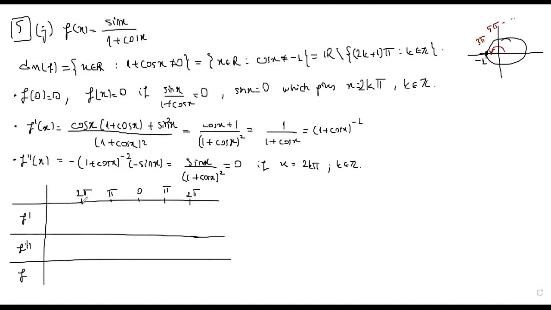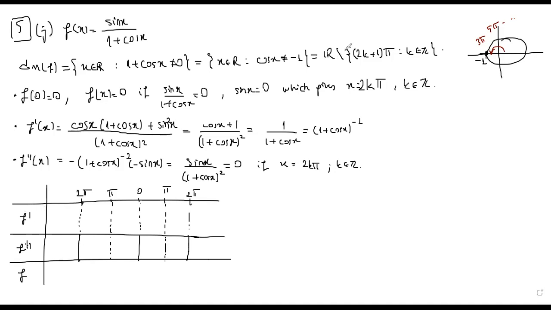So is 2 pi a root of f prime? No, it's not. There's no root of f prime, right? So we can write them in this form. And f double prime has roots at the even multiples of pi. So this is a root of f double prime, and this is also, and this is, all right?